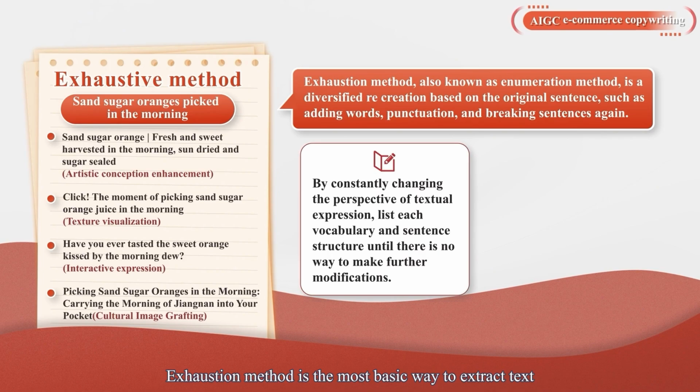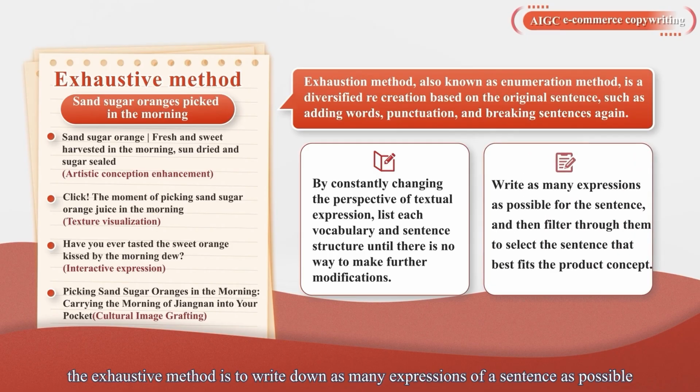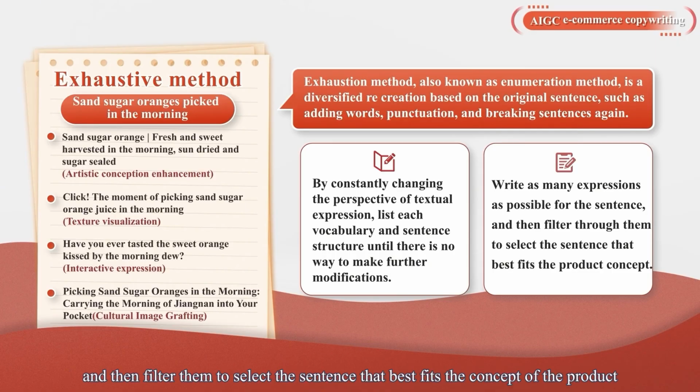The exhaustion method is the most basic way to extract text by constantly changing the perspective of text expression, listing every vocabulary and sentence structure until there is no way to make further modifications. Simply put, the exhaustive method is to write down as many expressions of a sentence as possible, and then filter them to select the sentence that best fits the concept of the product.